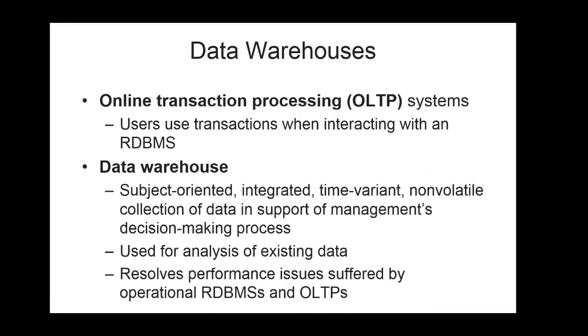The last part that we are going to talk about is the data warehouse. When users interact with the relational database management system, they use transactions, such as adding a new record or changing customer sales rep. These types of systems are called online transaction processing systems, or OLTP systems.